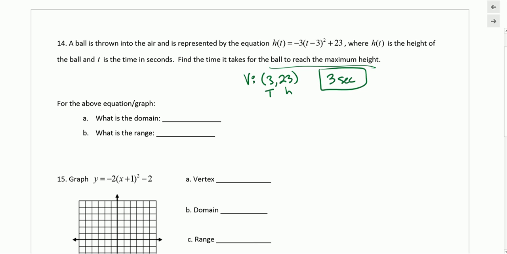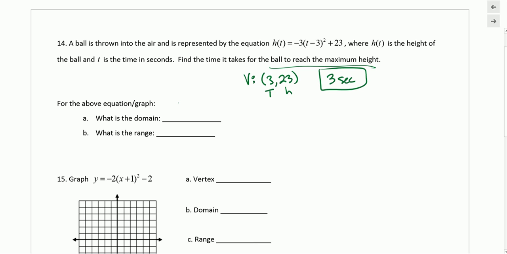For the above equation, what is the domain of this graph? Typically, out of context, a parabola would have a domain of all real numbers. But here we need to think, we're talking about time, and so the domain is going to be, really all we're caring about here is how long the ball's in the air, so time needs to be greater than 0.